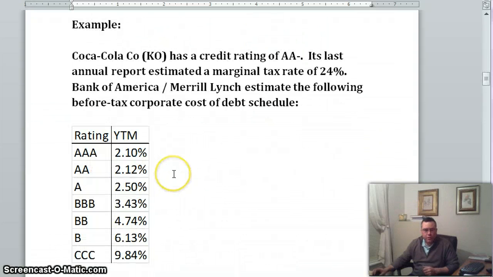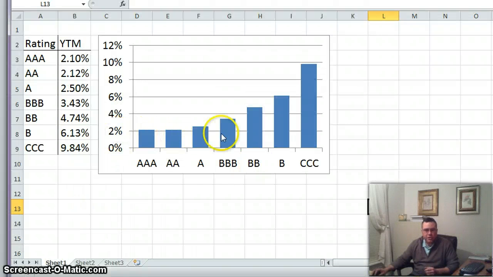So if we go down here for Coca-Cola, for starters, let's find the return that the investor is going to receive. If we're AA minus, we're somewhere between AA and A, which isn't that big a difference. There's 2.12% on AA and 2.5% on A. I have a little chart here that graphically shows these. The difference is between these two bars.